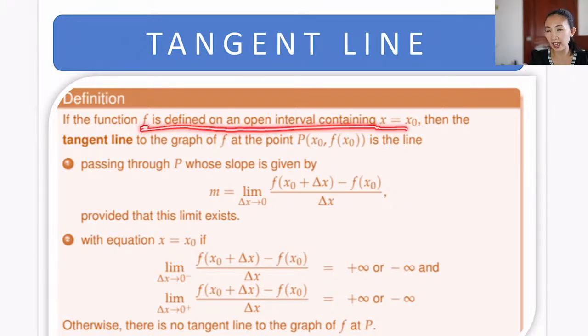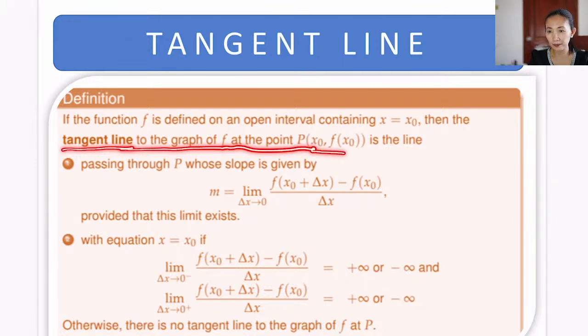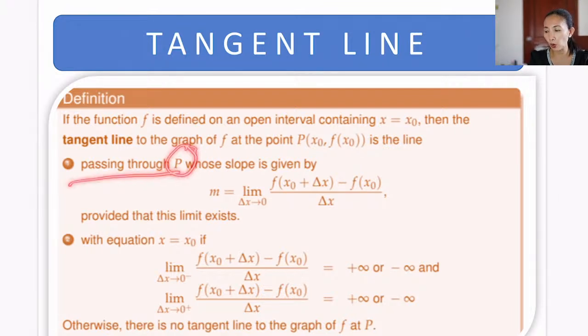Then the tangent line to the graph of f at the point x naught, f of x naught is the line passing through point P, and whose slope is given by the limit of the slope of the secant line, or f of x naught plus delta x minus f of x naught all over delta x as delta x approaches 0, provided that this limit exists.